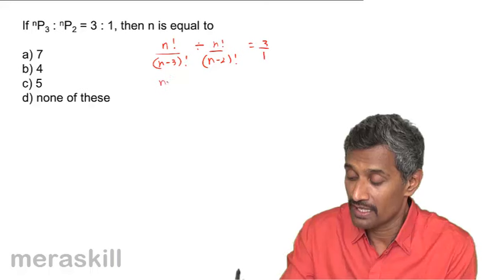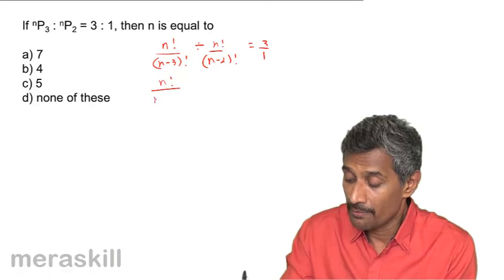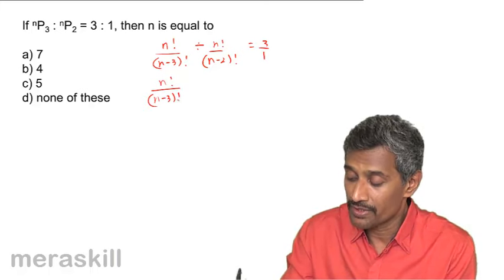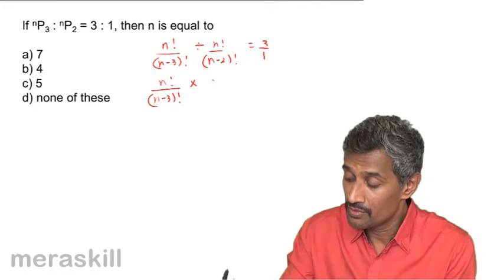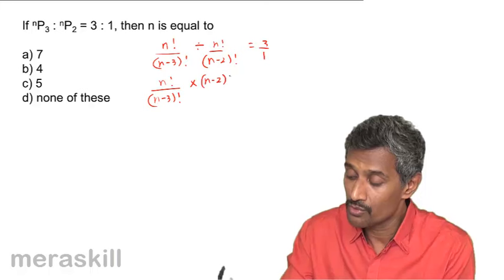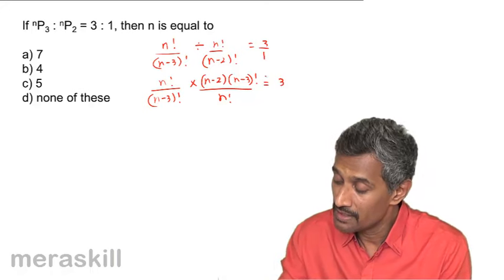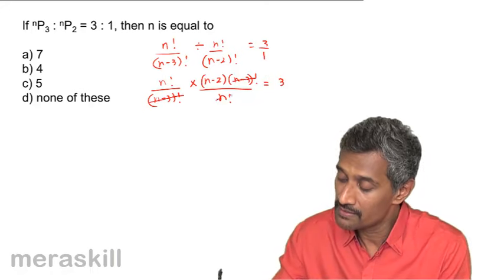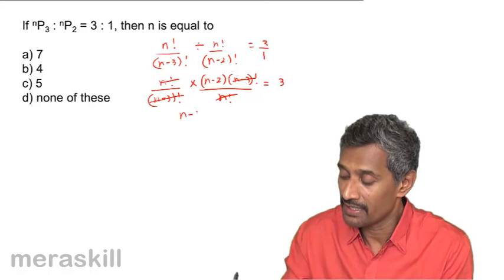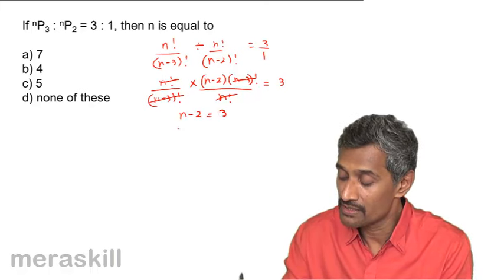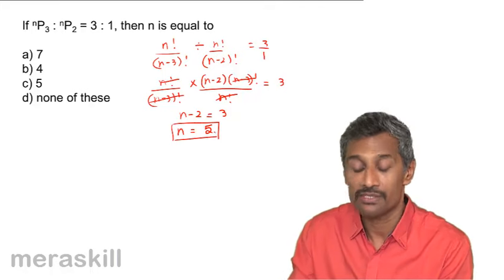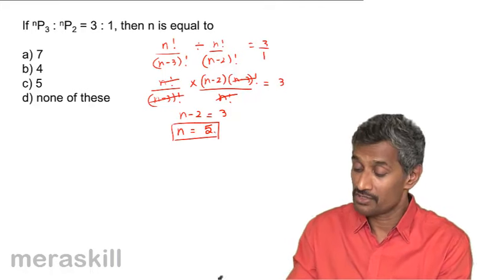This will eventually be N factorial upon (N minus 3) factorial into (N minus 2) factorial, which can be written as (N minus 2) into (N minus 3) factorial upon N factorial, is 3. So eventually this and this and this get cancelled and you get N minus 2 is equal to 3. So N would be 3 plus 2, 5. So we have only one possibility. So N is 5 in such a case.